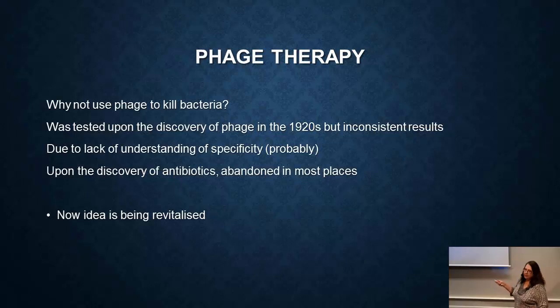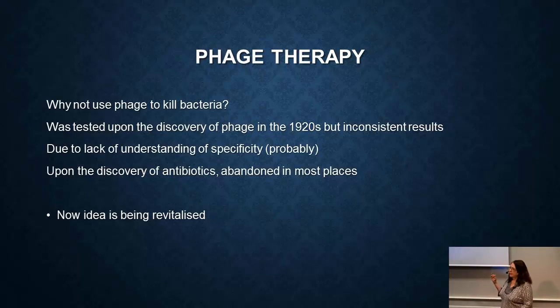Anyway, when antibiotics were discovered and became easy to produce in the 1940s, we decided, okay, we have antibiotics, we don't need phage. That wasn't working so well, so we moved on to antibiotics. Now, though, this idea has been revitalized, and a lot of people have begun working on using phage against bacterial infections.